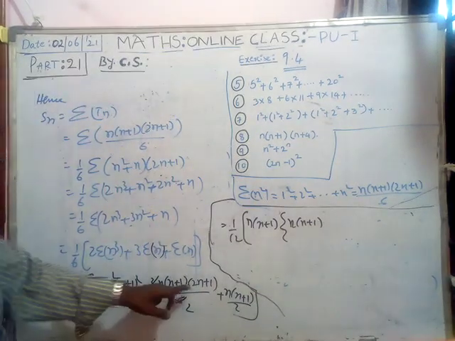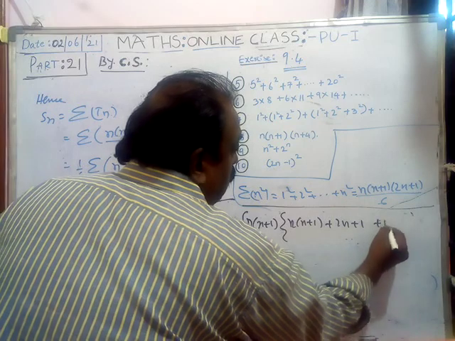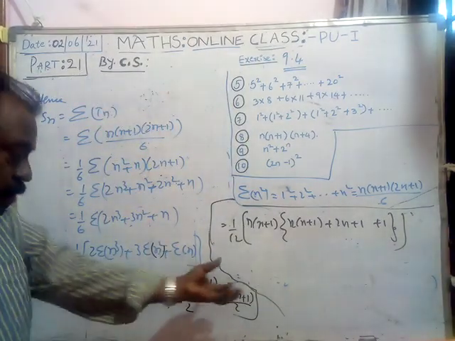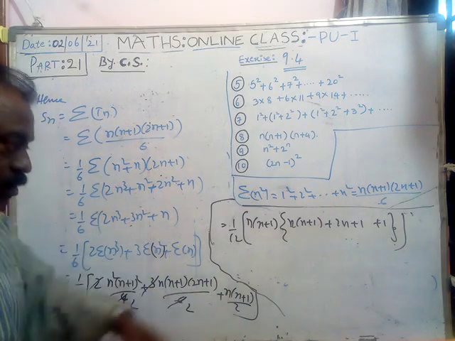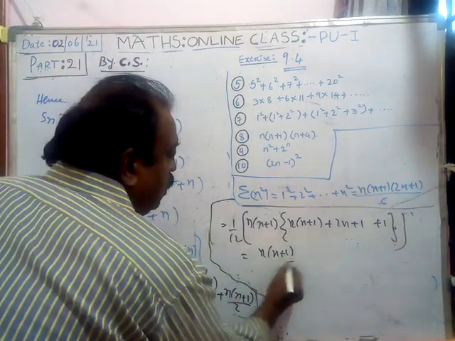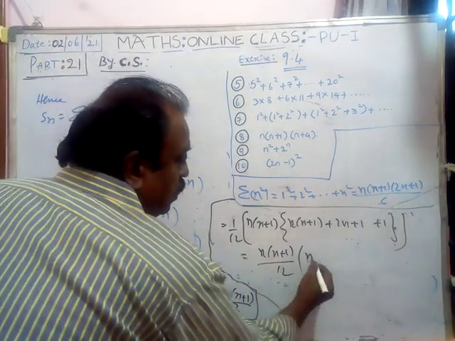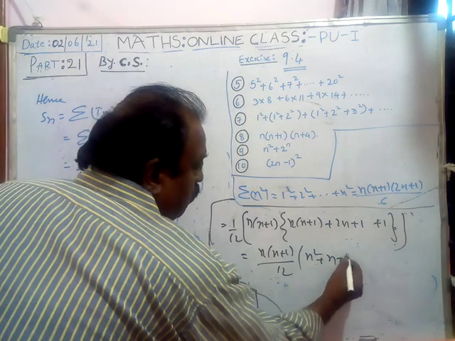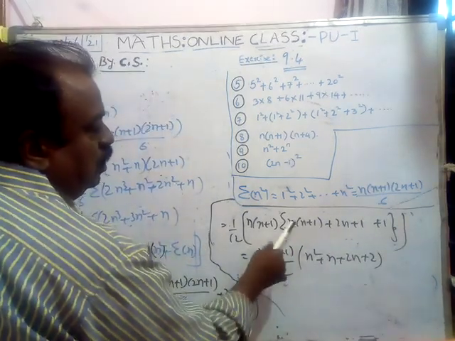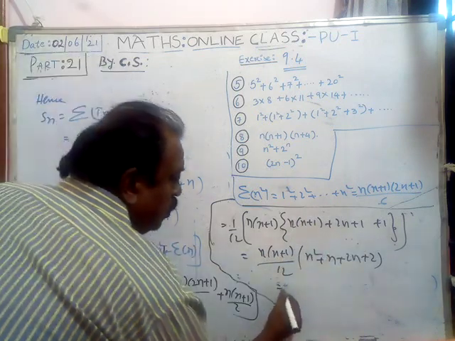But here one more n plus 1 is there. Okay? Here 2n plus 1 is there, and there only 1 is left, because when n of n plus 1 comes out, it is not 0, it is 1. So totally it is n of n plus 1 by 12, with the bracket: n square plus n plus 2n plus 2. N square, n into n, this 2n, 1 plus 1 is 2.